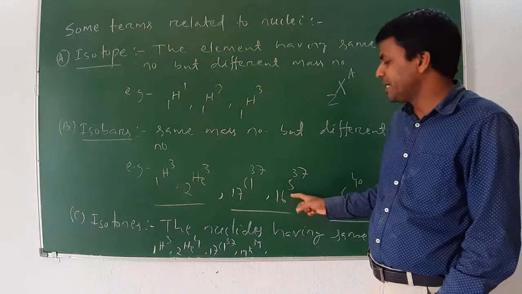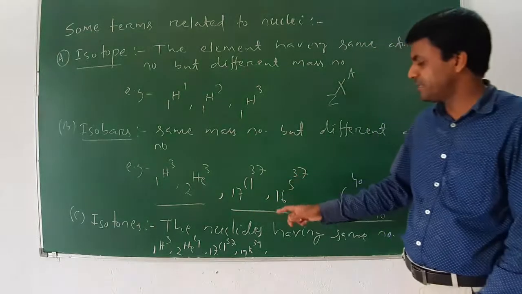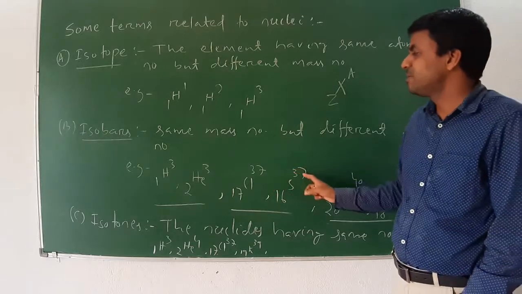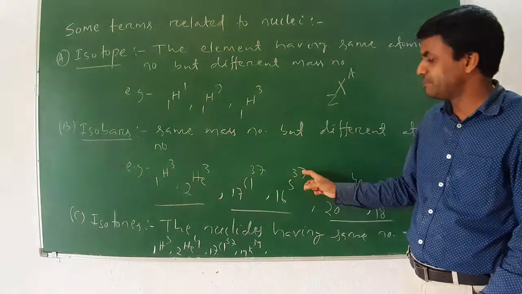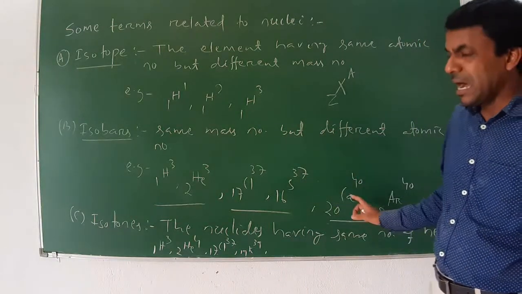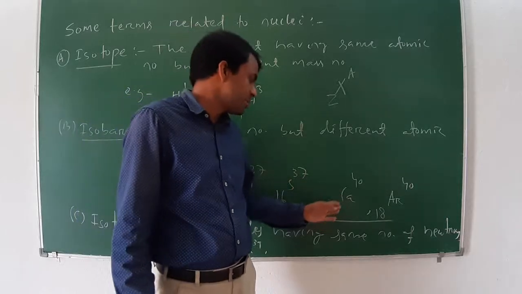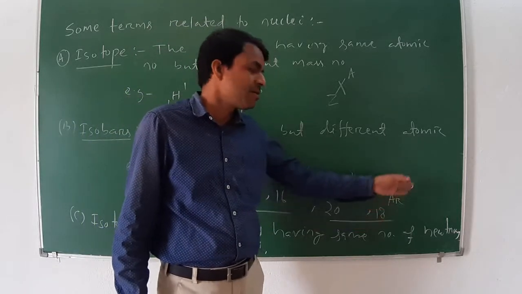Another is chlorine and sulfur. 17Cl37 and 16S37 have the same mass number but different atomic number. Mass number is the same, that is 37. Another example is the isotope of calcium 20Ca40 and the isotope of argon 18Ar40.